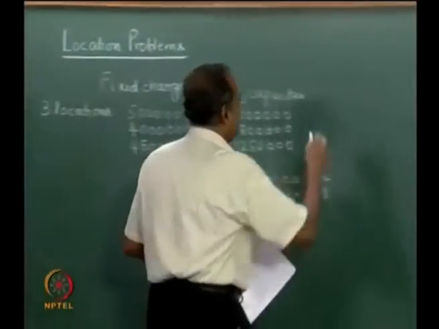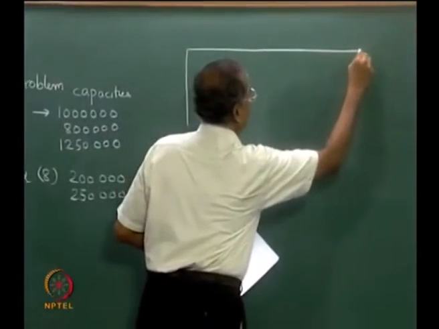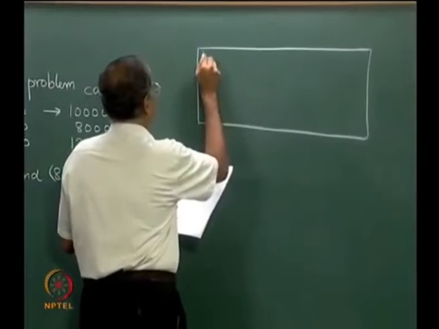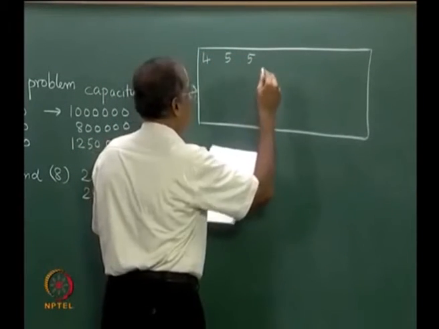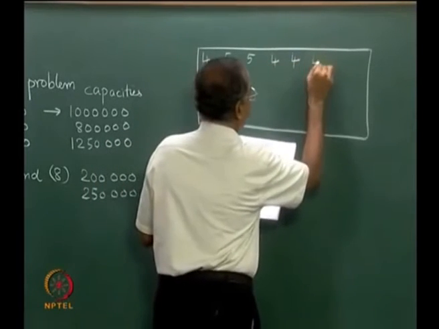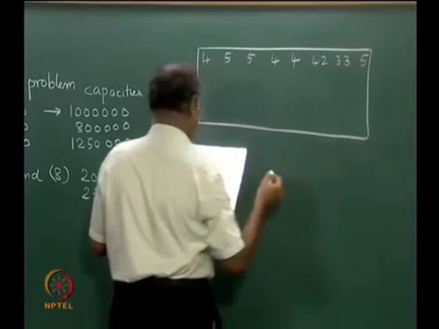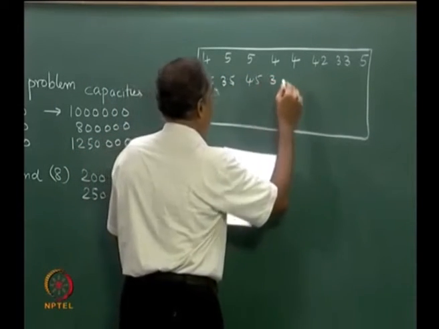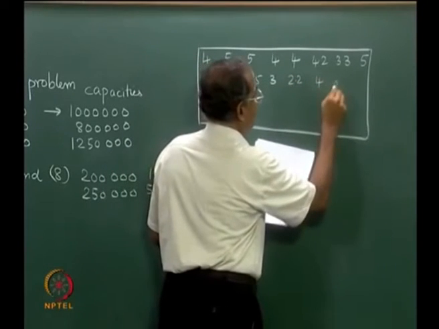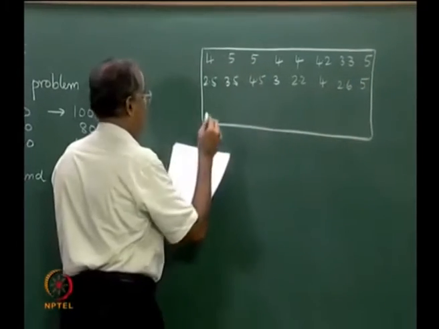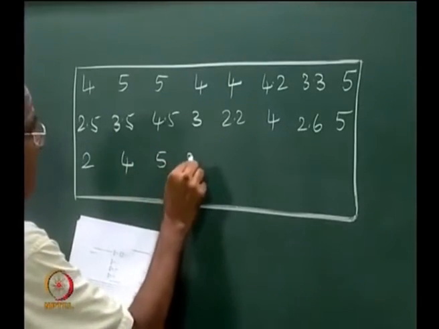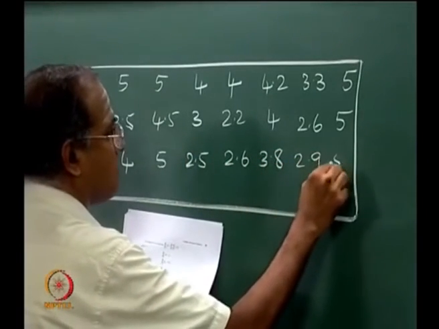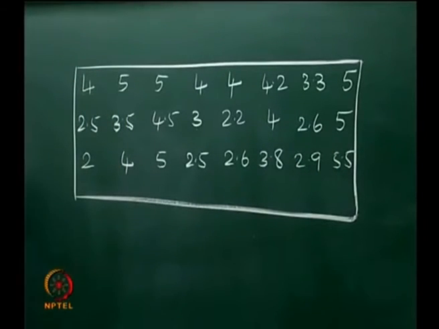We will also assume that there is a unit transportation cost from the 3 proposed sites to the 8 demand points, and these are given as 4, 5, 5, 4, 4, 4.2, and so on. So these are the unit costs of transportation.